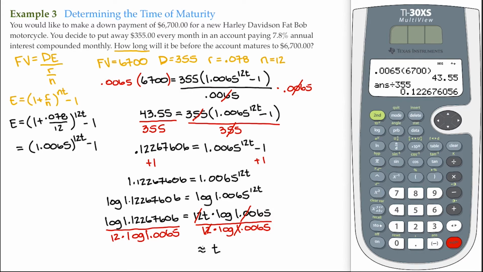So that's going to be approximately equal to, now I'm going to enter this in my calculator, but keep in mind that I want to be able to delineate between the numerator up here and the denominator. So I'll go ahead and put in my numerator here. That's the log, here's my log key, of 1.12267606. Then I'm going to divide that, but I'm going to put in this parenthesis right here.